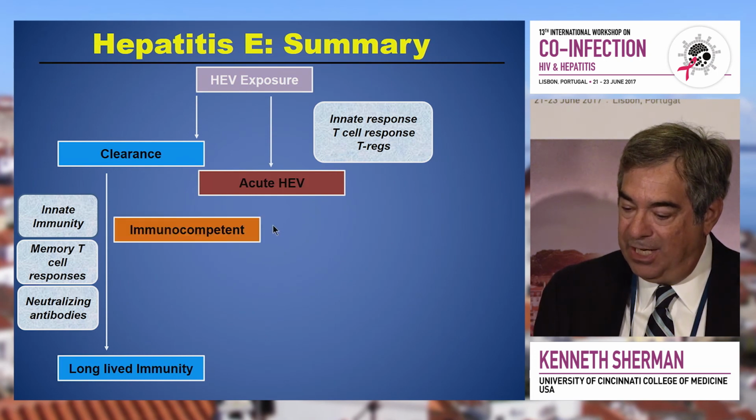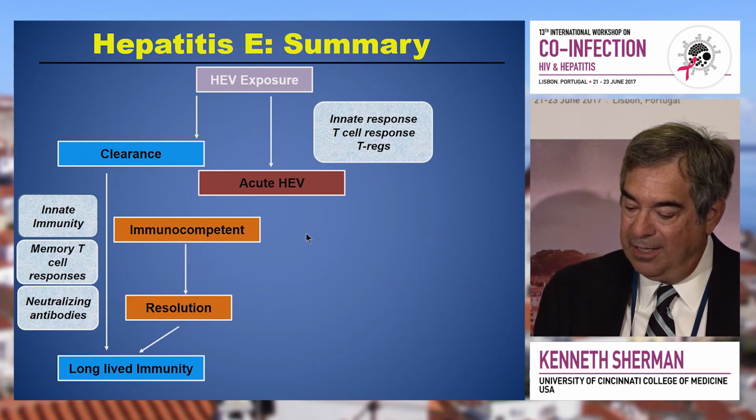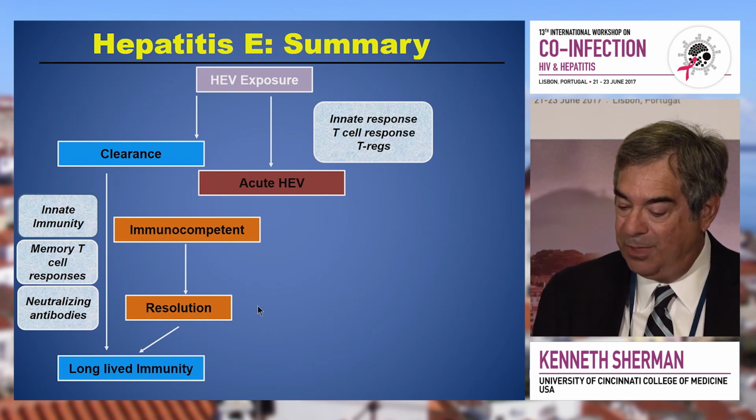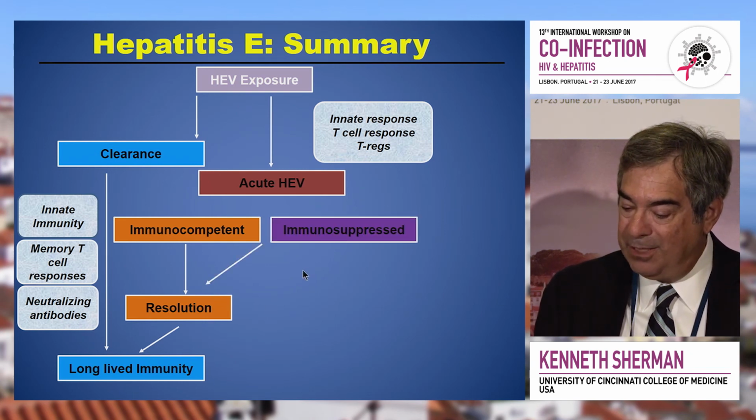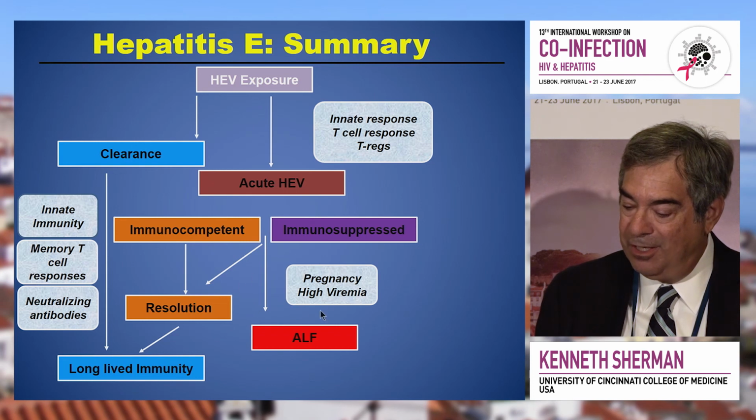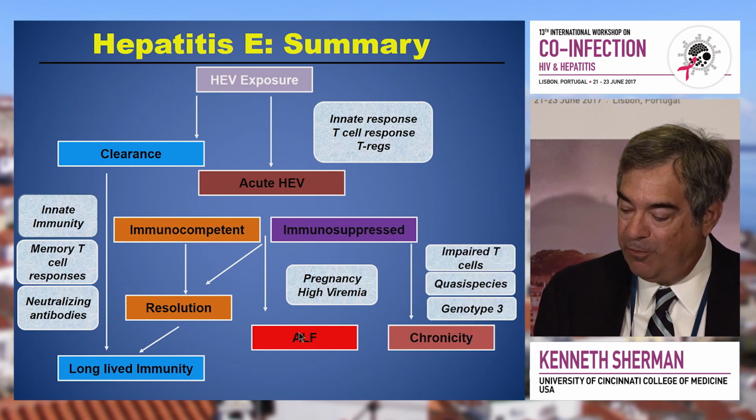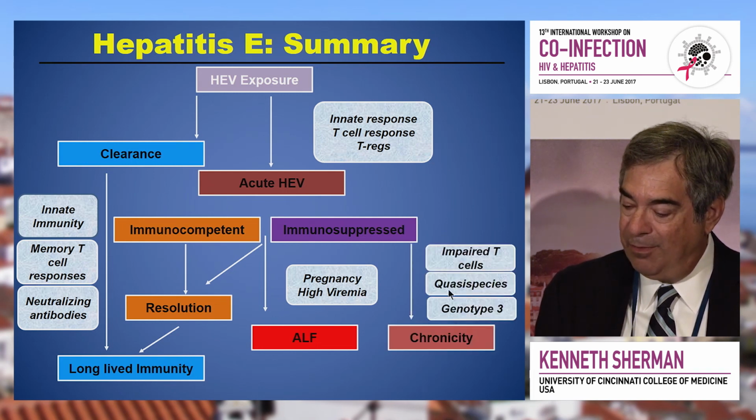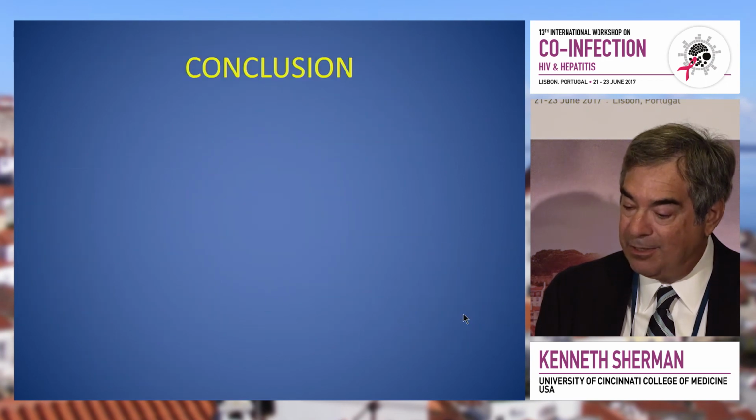Acute HEV in immunocompetent patients often or always leads to resolution as far as we know. In immunosuppressed patients, there may be resolution, but some patients, and pregnancy is an immunosuppressed state, may develop acute liver failure. In the setting of impaired T-cell responses, and I didn't show you the data on quasi-species variability, the presence of genotype 3, at least, may lead to chronicity.